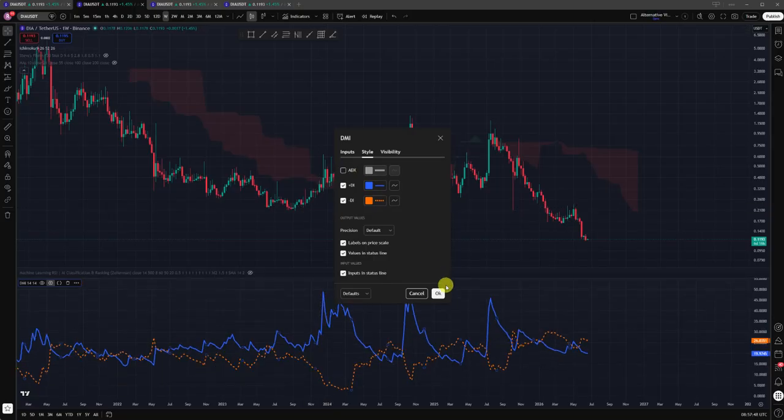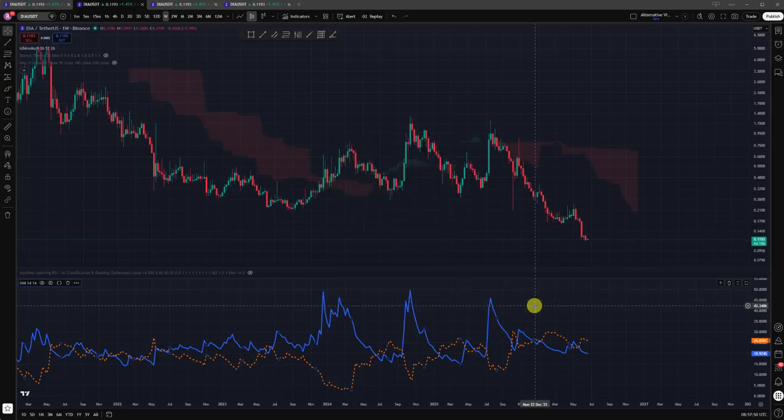Since that's a 10, you're considered in a trend if it is 20 or above. So right now, the ADX, or Directional Movement Index, thinks that we are going to start ranging because it's not in the numbers where it's above 20.